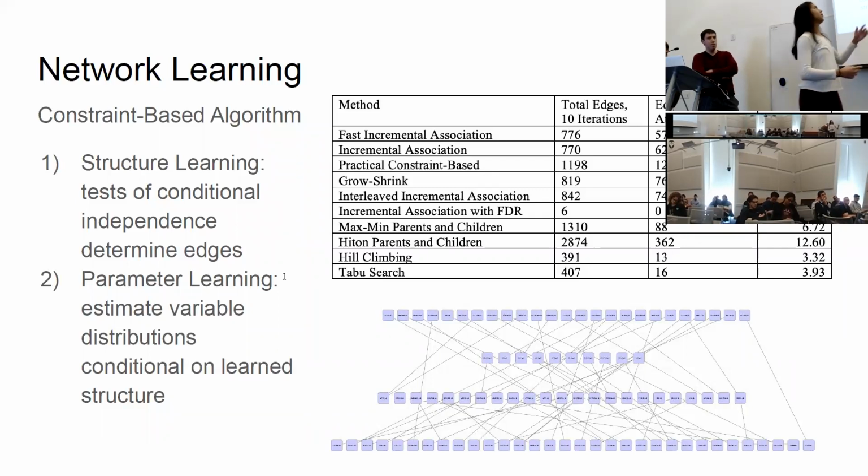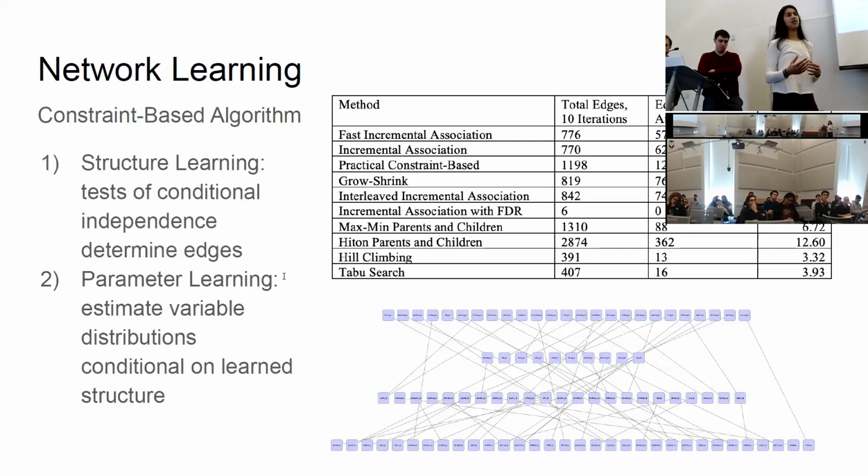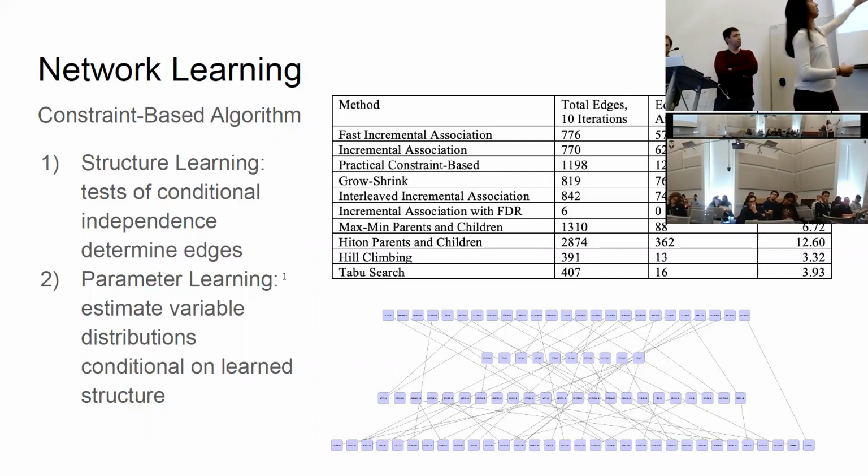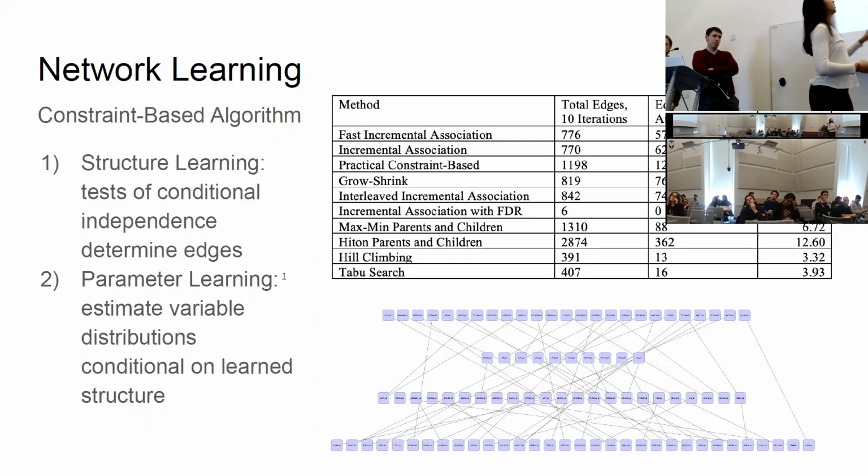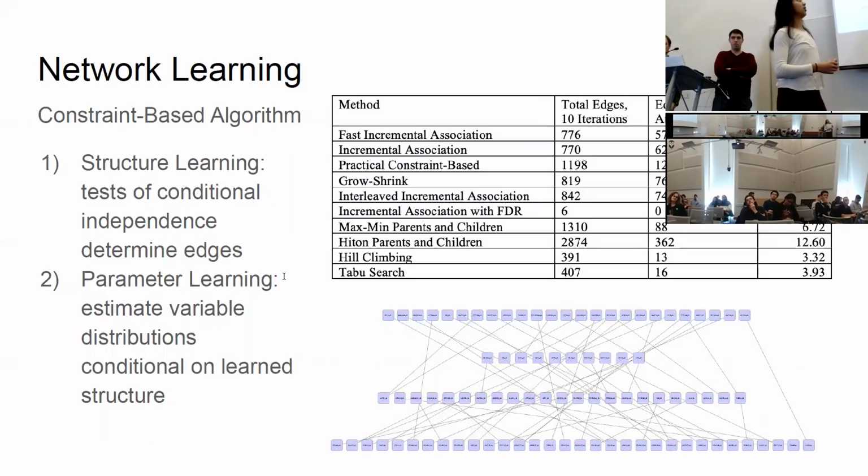There's a variety of different methods that we use from the bnlearn package in R. We decided which methods were best based on which ones showed the most consistency in the edges that they were able to find. The last 2 there, hill climbing and tabu search, are score-based learning algorithms, which showed very poor performance, versus all of the constraint-based algorithms, which showed similar performance, around 8 to 12% consistency of edges.